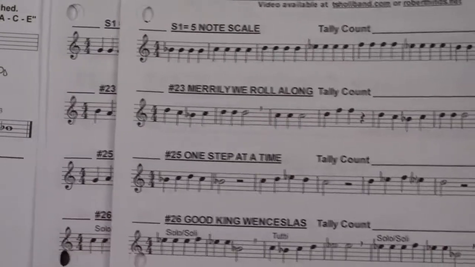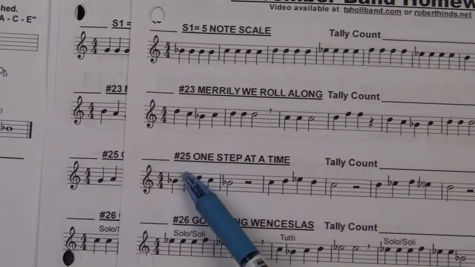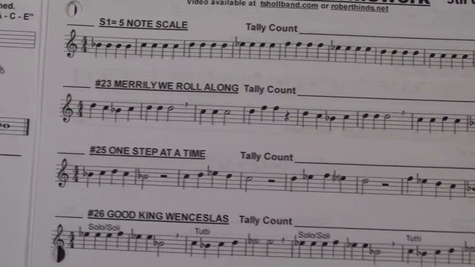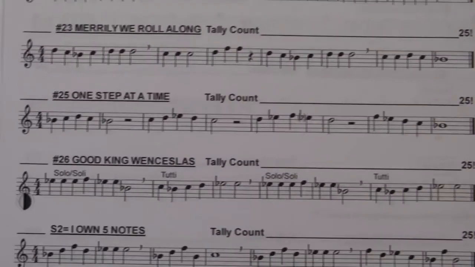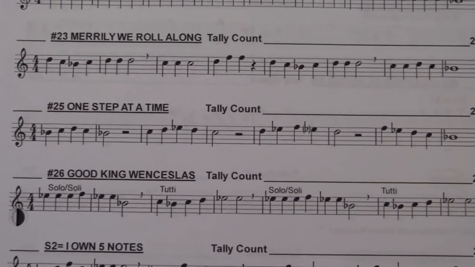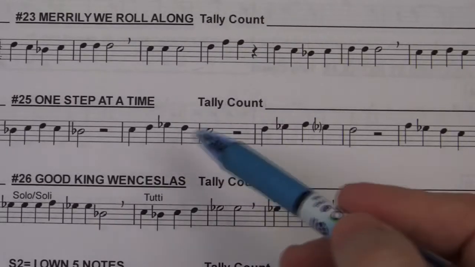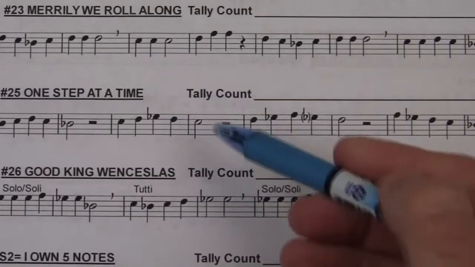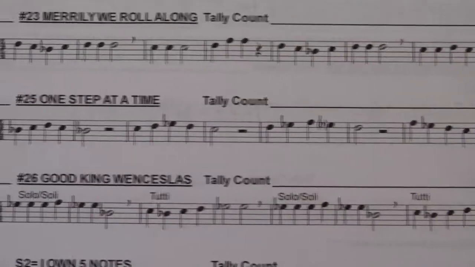So let me take you through all of these different instruments here real quickly and just show you a couple of these. All right, so if we take a look at this number 25, this is the song that most of you did for your October test. I'm going to zoom in just a bit. Let's take a look here at this note in the fourth measure for everybody. So in this case, this is a flute. Flute is a treble clef instrument.